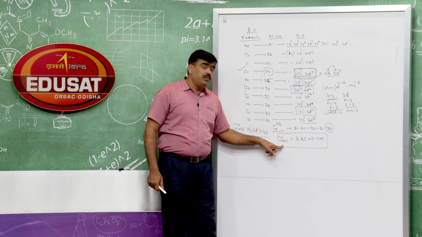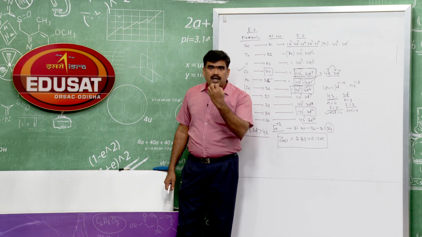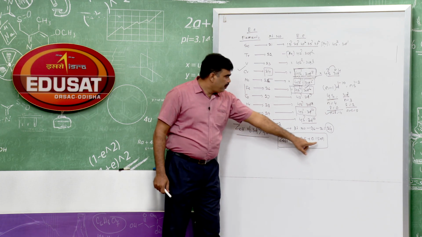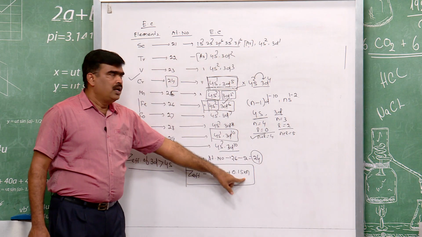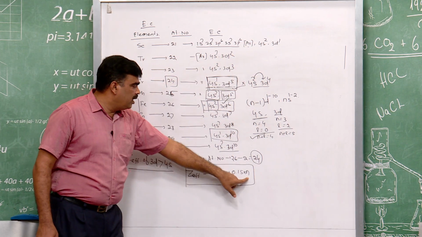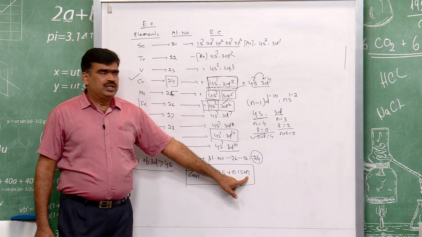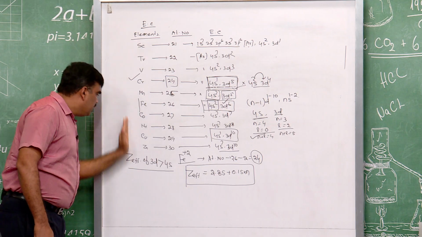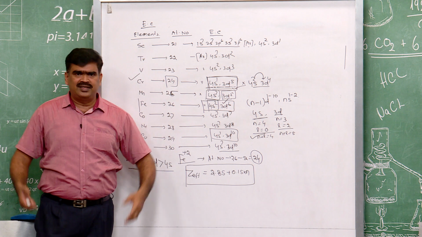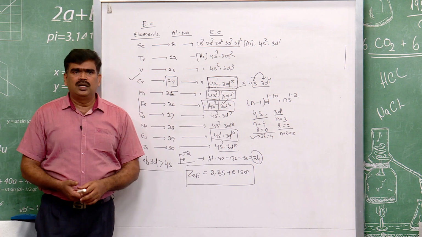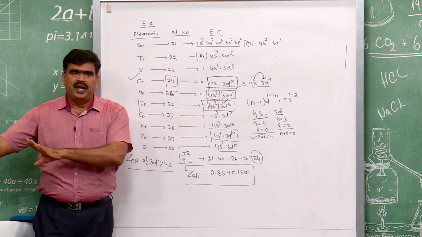If effective nuclear charge increases, the valence electrons will be strongly attracted towards the nucleus. In scandium, you have only one d electron, n is 1, and in titanium n is 2, and in this way if you put the different values of n, the effective nuclear charge gradually increases from scandium to zinc. So, size should decrease, but size does not decrease from starting to end.